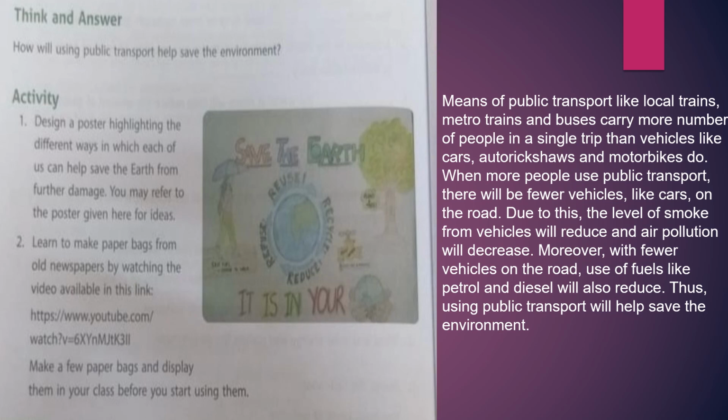So in this lesson we have discussed the different kinds of pollution that damage the environment and also the different ways to save the environment. So you have to make a poster highlighting the different methods in which we can save the earth. So all of you make beautiful posters and file it with you.